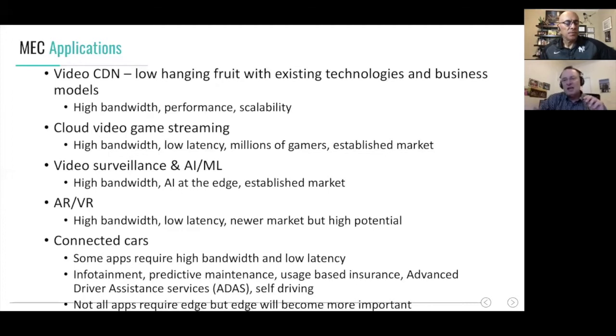Yeah, and let's look at another one that I personally like. It's cloud video game streaming. Today, video gaming is very popular, but it's very difficult to stream these games from the cloud. Typically the games are set up, even multiplayer games, so that you have a lot of the graphics and everything locally, either on your smartphone, your computer, or your connected device.